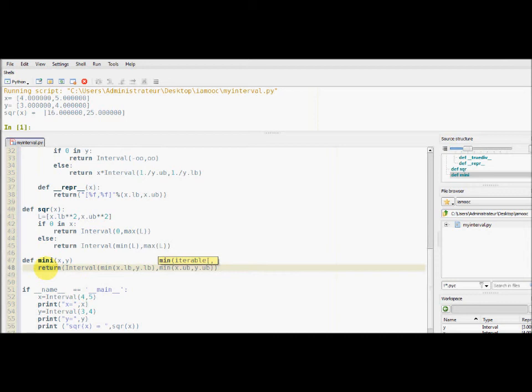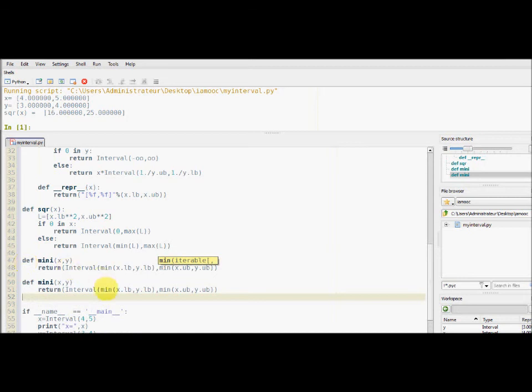So it will correspond to the min, and for the max it will be exactly the same, except that I have to replace here max and here max.